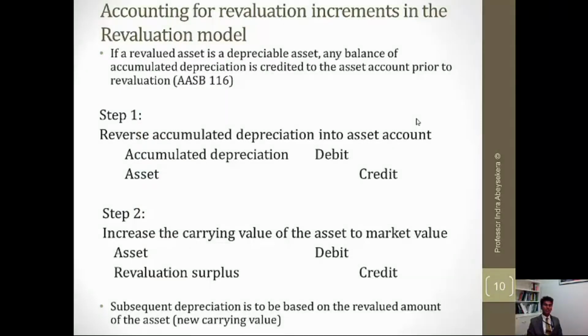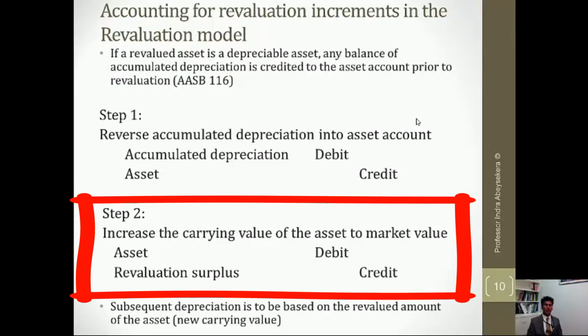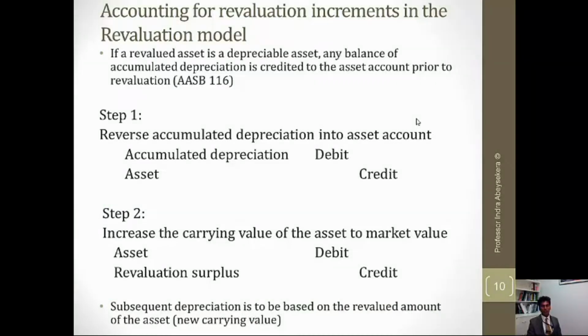Once that is done, step 2, we can increase the carrying value of the asset, which is cost less accumulated depreciation, to the market value or the fair value. So we debit asset for that increase and credit revaluation surplus for that increase.